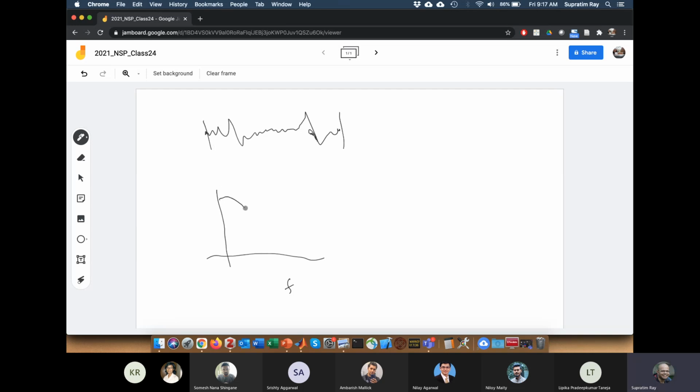So that is the spectrum that you want, and everything else is a bit of a compromise. So if this is your true spectrum, it's a bit of a compromise because you can only look at the signal for a finite duration.